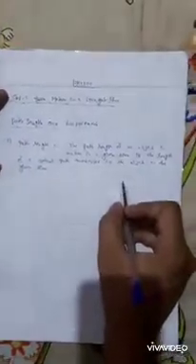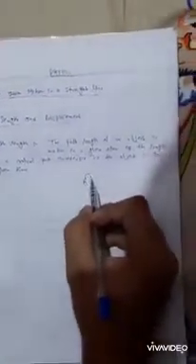Let's suppose this is your point A and an object starts moving from A like this and finally it reaches at point B. So all the path it covers is known as the path length or distance.